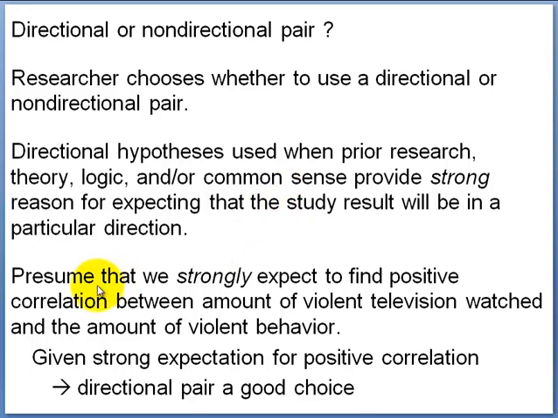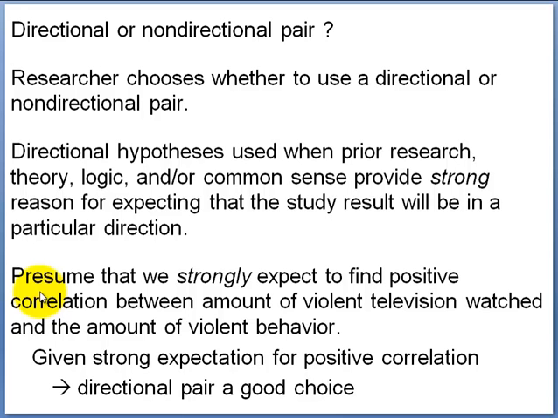As an example, presume that we very strongly expect to find positive correlation between the amount of violent TV watched and the amount of violent behavior that kids exhibit. Perhaps there is a great deal of prior research that says that this is so, and indeed there's strong theoretical expectation that this is so.